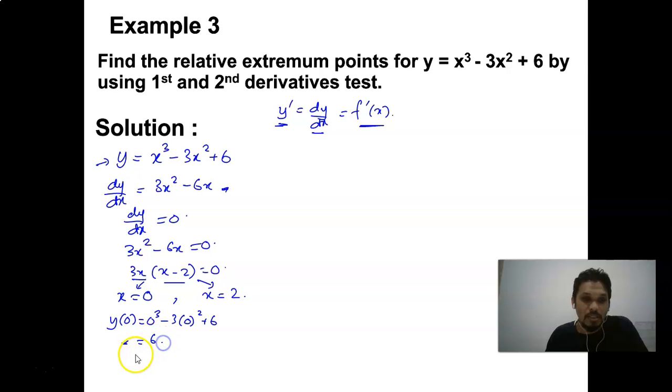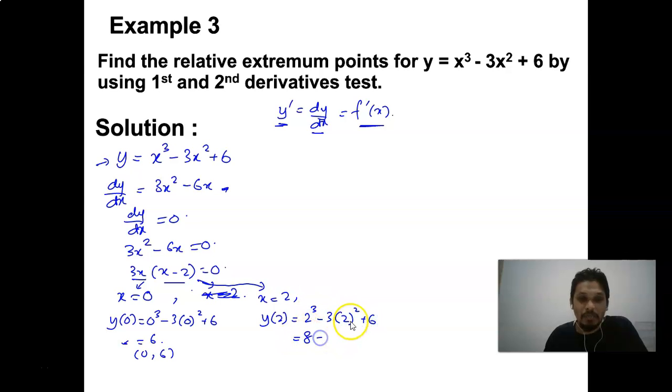So the coordinate is x equals 0 and y equals 6. And when x equals 2, y equals 2 cubed minus 3 times 2 squared plus 6. 2 cubed is 8, minus 2 squared is 4, times 3, negative 12, plus 6.